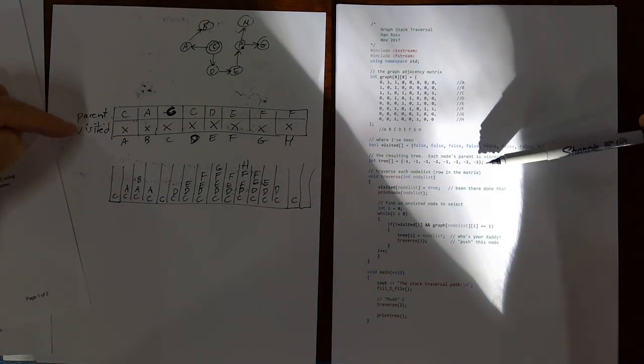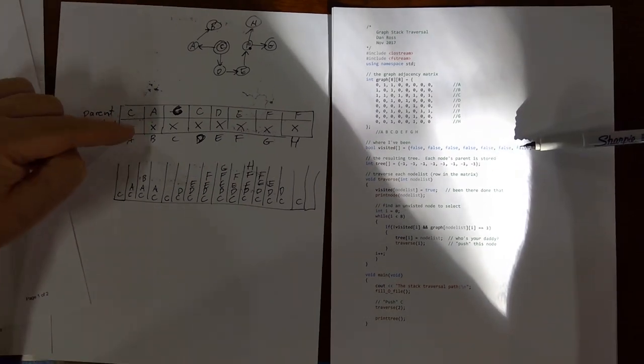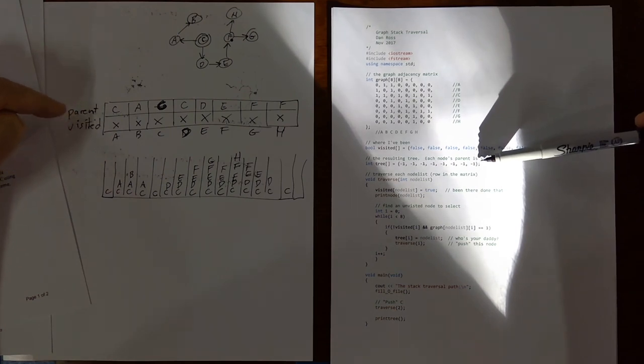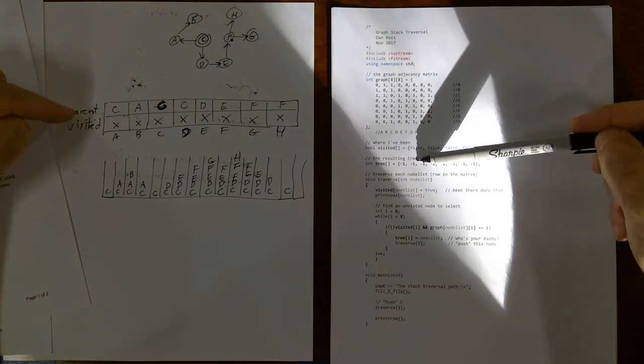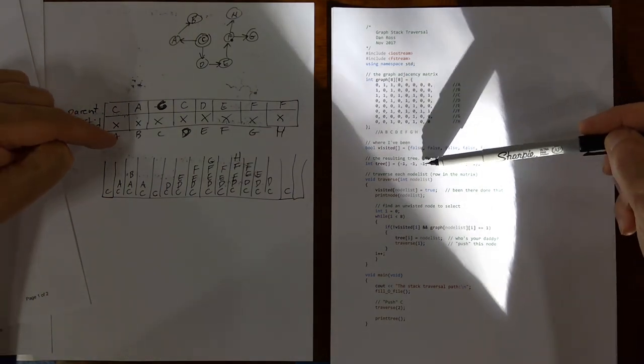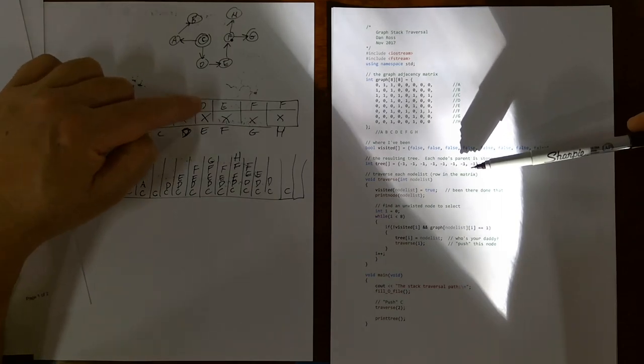I did two arrays for some strange reason. I did a visited array to mark who you visited, and then I have a tree array, which is the parent really. So I initialized it with -1s, but then you'd put A, B, C, D, E, F, G, H in here as you visit, or the parents, you'd put C, A, C, D, E.